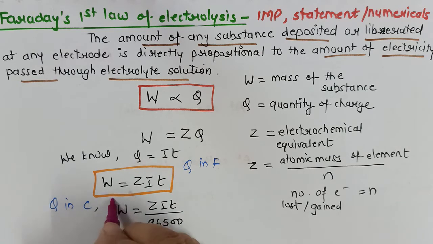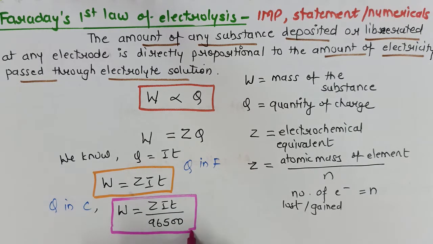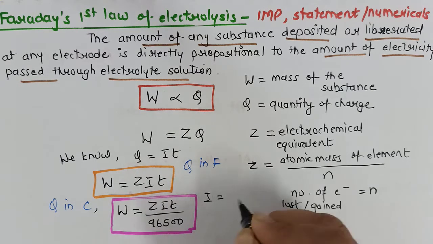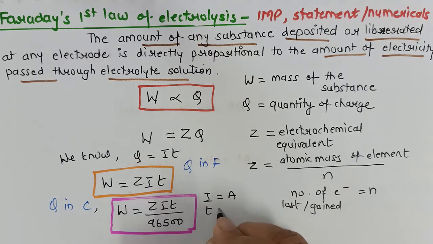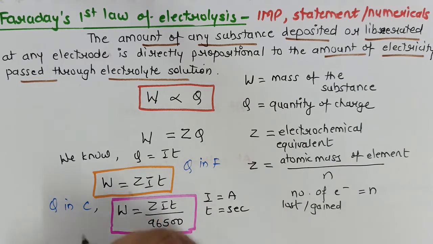Now how will we come to know whether charge, that is Q, is given in Faraday or Coulomb? If current is given in ampere and time is given in seconds, then we will be using this formula W equals ZIT upon 96,500. Otherwise we will use the above formula W equals ZIT.